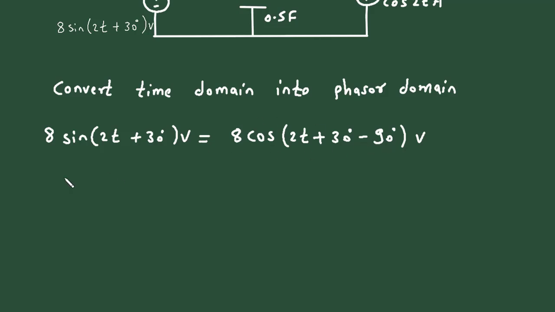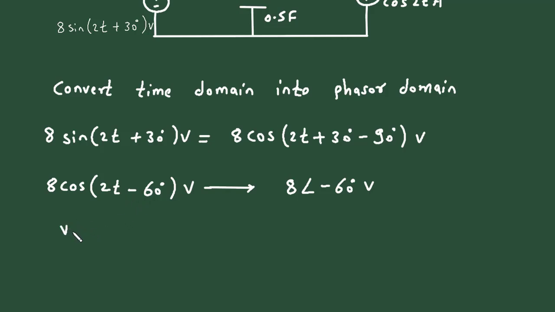Now, if we simplify this, it will be 8 cos 2t minus 60 degree volt. So, in case of phasor domain, it will be 8 at an angle minus 60 degree volt.